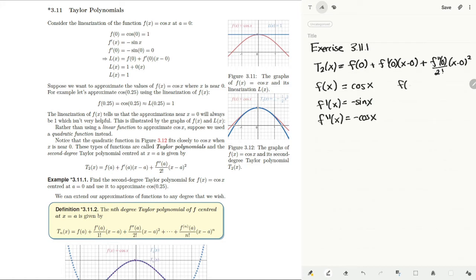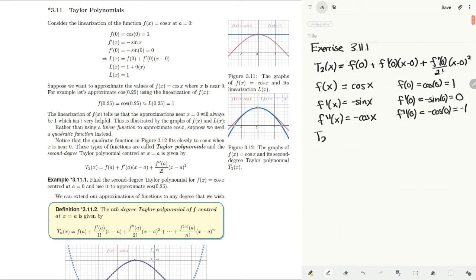So now we can determine f of 0, which is cos of 0, which equals 1. We can determine f prime of 0, which is negative sine of 0, which is 0. And f double prime of 0 is negative cos of 0, which is negative 1.